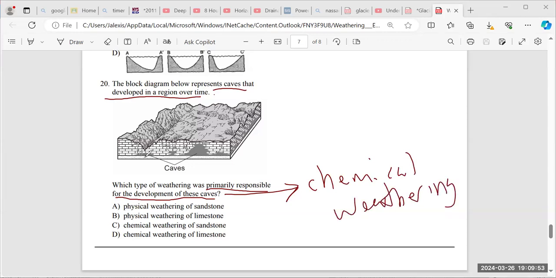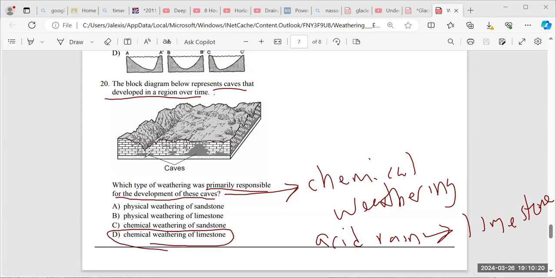And what we also said was that chemical weathering occurred when you had acid rain come in contact with limestone. So when acid rain comes with limestone, that's when chemical weathering occurs, and that's with choice D.